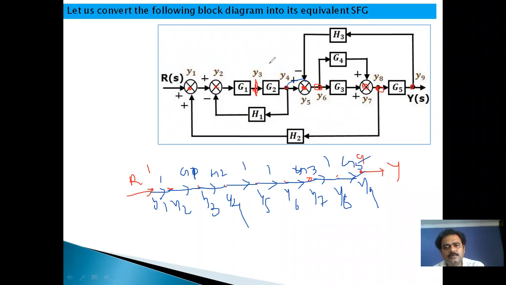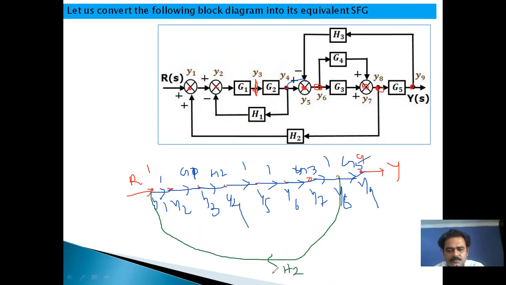Now the other loops. If we consider from here, one signal is entering at y1. This signal is coming from y8, in this direction, whose gain value is h2.